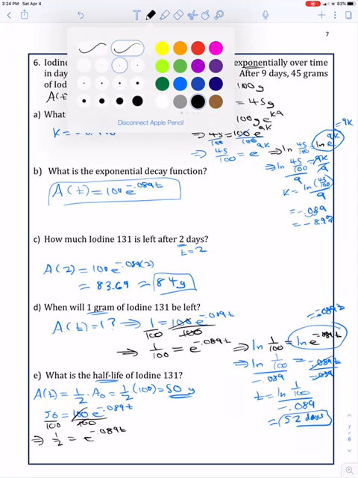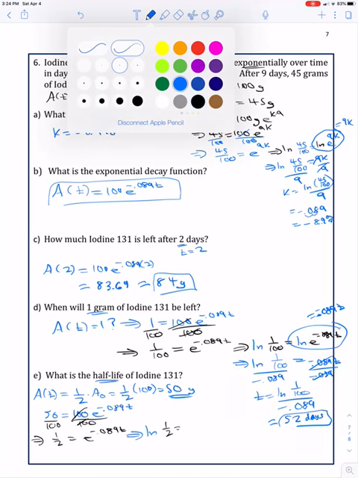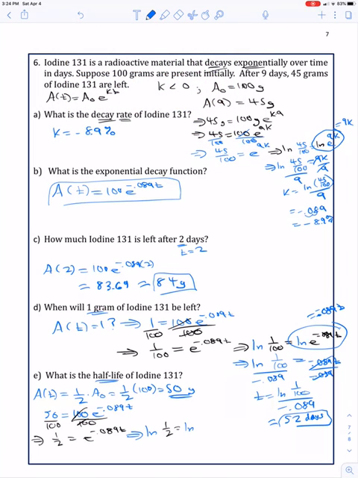And now let's go ahead and take the natural log of both sides. So we'll take the natural log of 1/2 equal to the natural log of the right side, natural log of e to the negative 0.089 t. And again, that simplifies to negative 0.089 t. So we end up with natural log of 1/2 equal to negative 0.089 t, and then divide out our coefficient. And we'll have our answer. We'll have the half-life of iodine-131. So what do we get?